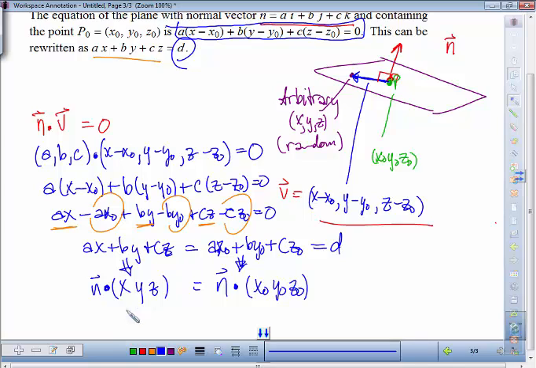So now what we're able to do is rewrite the equation of a plane as a dot product of some vectors. So we might see this form every once in a while.